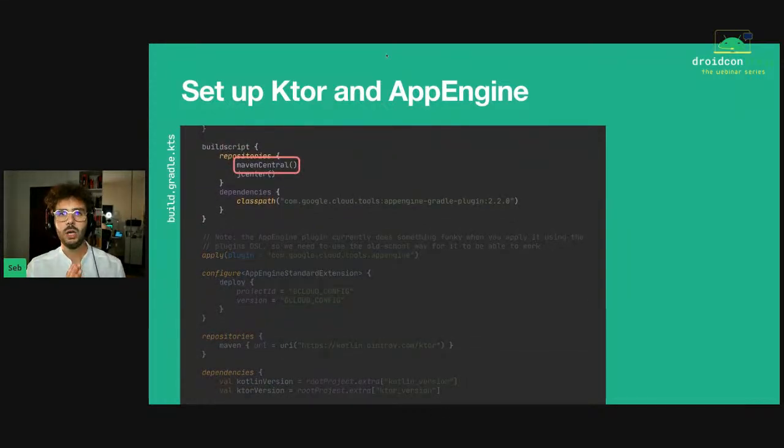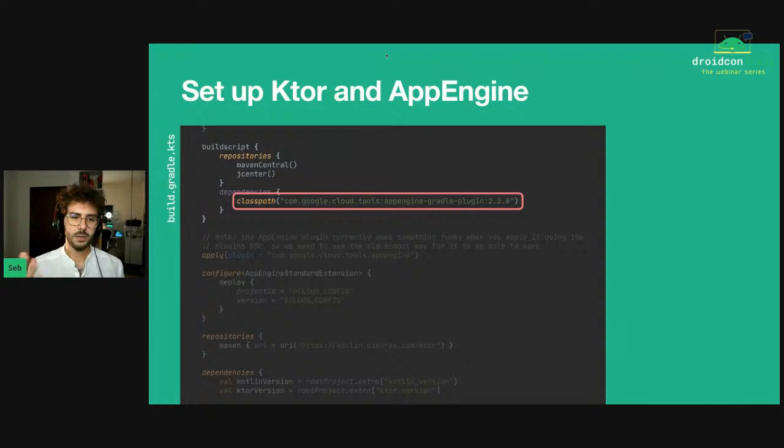Next up, we want to have the App Engine Gradle plugin in our build. To be able to do that, we need to make sure that we have Maven Central in our build script repositories because, unfortunately, the plugin is not available on the Gradle plugins portal because they chose not to. Next up, just add the plugin.